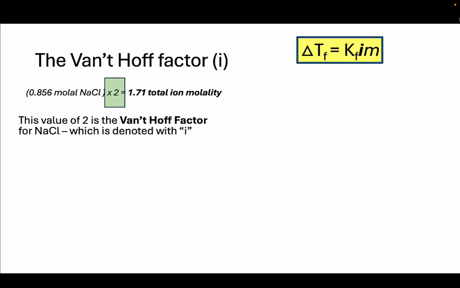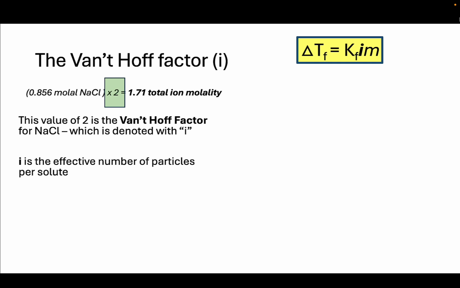Okay, so the way we tracked it previously is a little bit cumbersome, and the way we can do it more straightforwardly is through the Van't Hoff factor i. And here we've adjusted our equation somewhat to roll that i into our freezing point depression calculation. Here, the Van't Hoff factor is assigned to our solute, which is the sodium chloride.